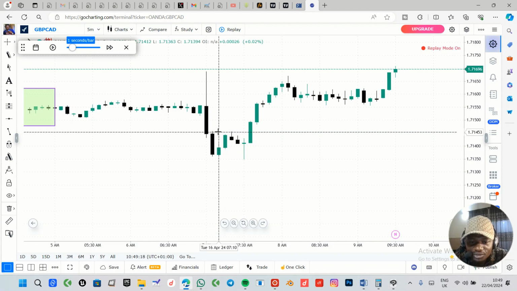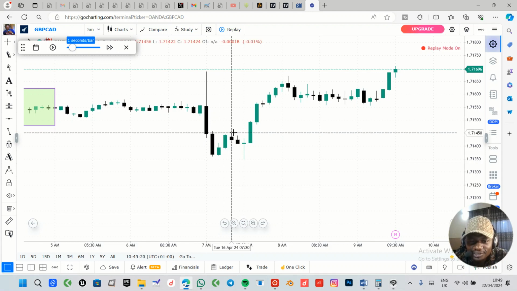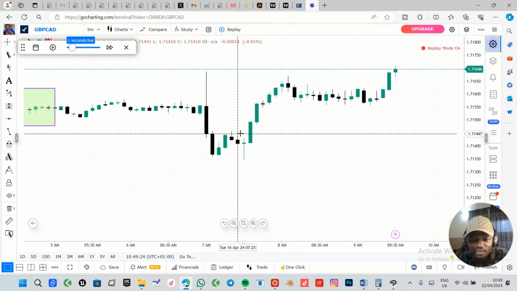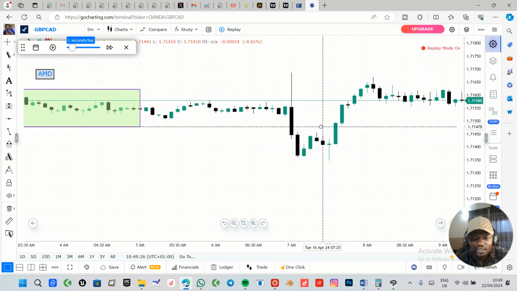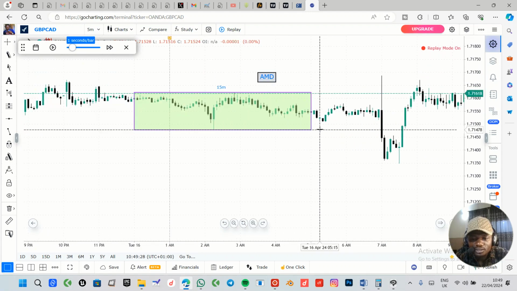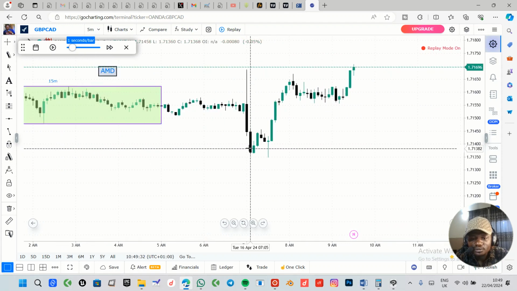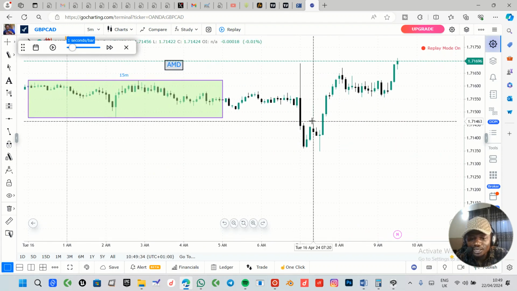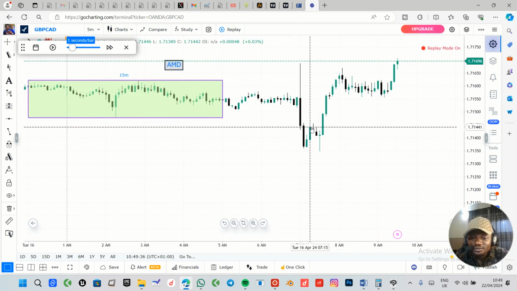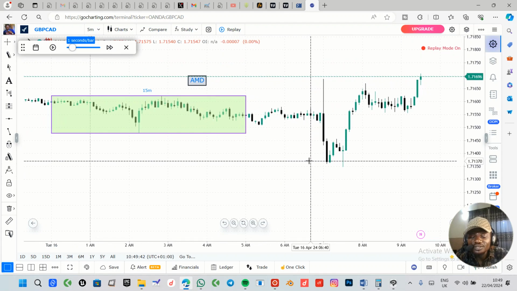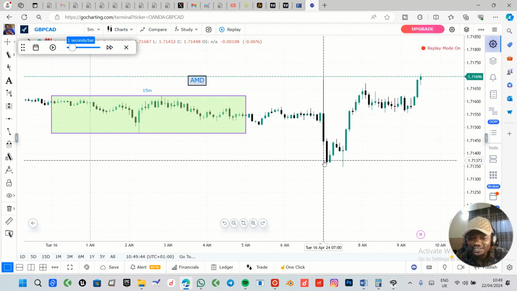Remember, we spoke about structure. I think I need to do a video also on break of structure or change of market character, and also market shifts. So look at how price came here and broke this high. For me, a fundamental trader, immediately I see the spike.